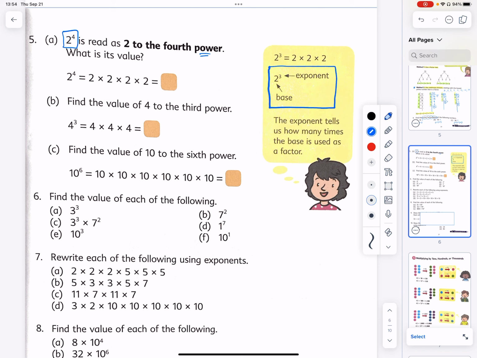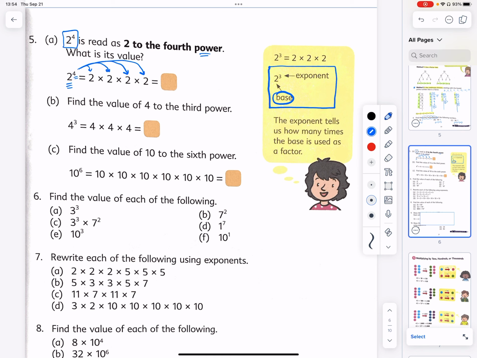This mathematical notation means that we multiply the number, which we call the base, by itself 4 times. It tells you 1 time by itself, 2 times by itself, 3, and 4. This is what it means. Multiply this number by itself 4 times.